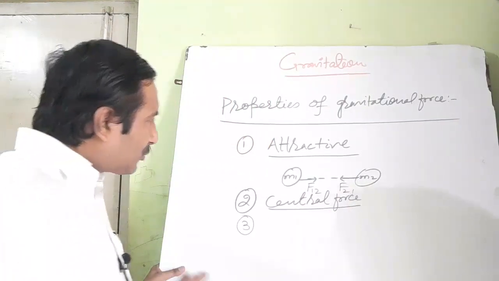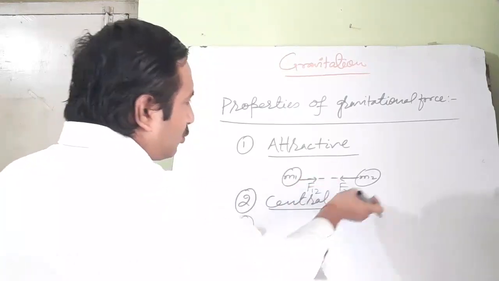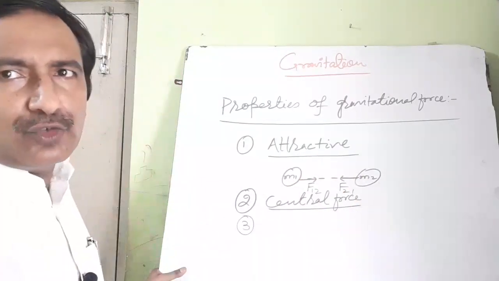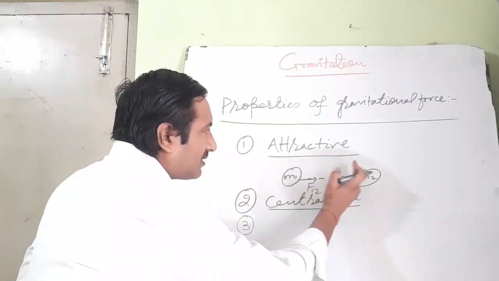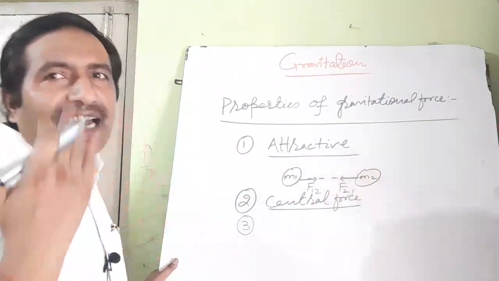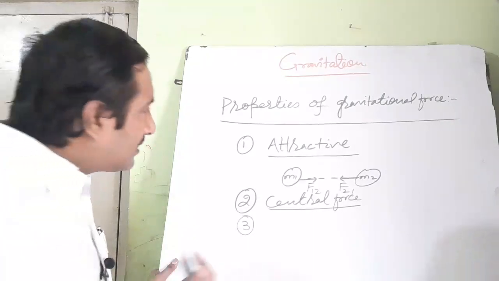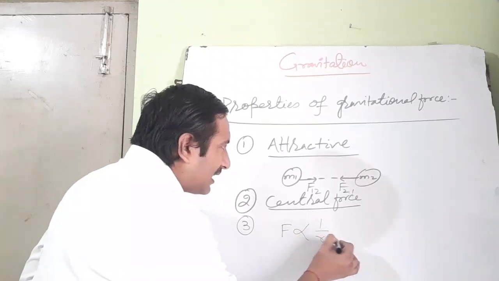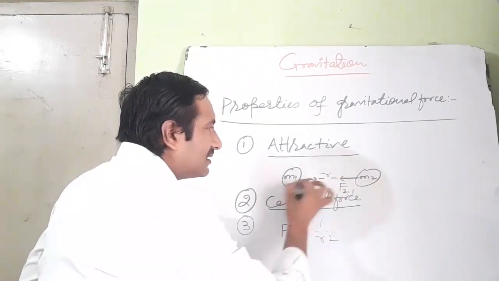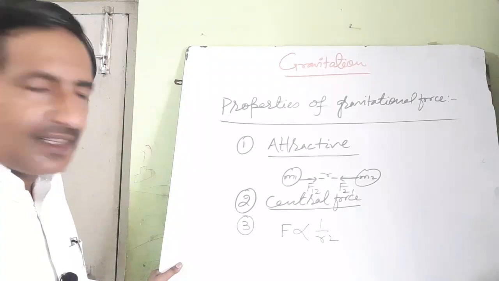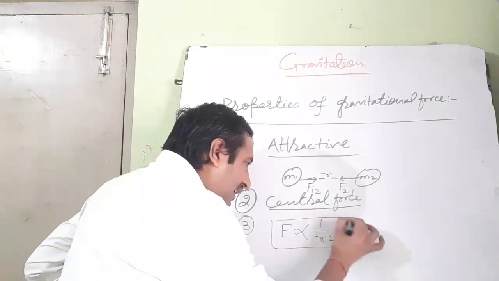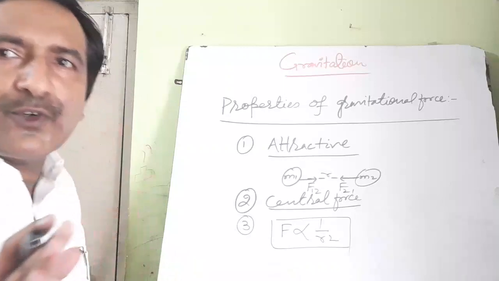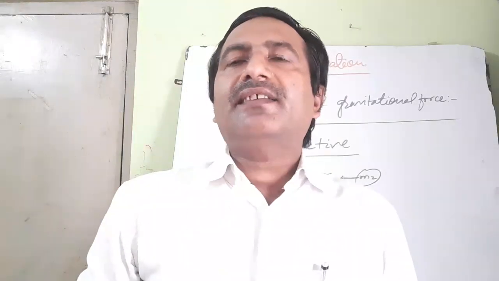F12 and F21 are equal in magnitude but opposite in direction. You see, this is towards M2 and this is towards M1. This force is inversely proportional to 1 by r squared, where r is the distance between the two bodies. So this is called inverse square law. Got it? Gravitational force follows inverse square law.